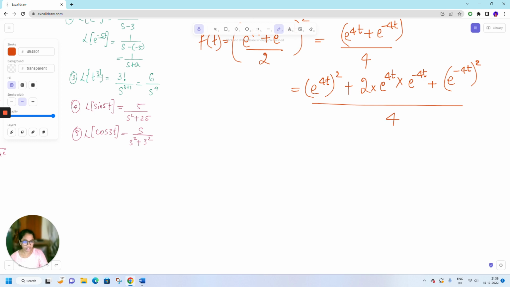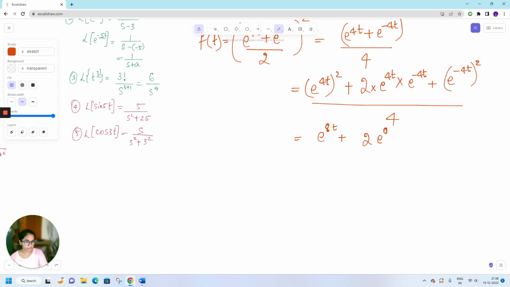Now, what is e power 4t whole square? It is e power 8t. Plus 2, bases are same. Can you add the powers? Yes, so if I add, what will I get? E power 4t minus 4t. What is e power 4t minus 4t?